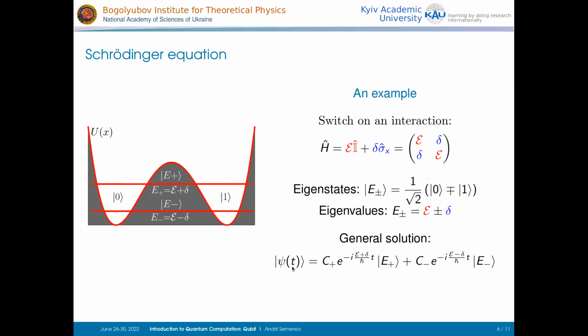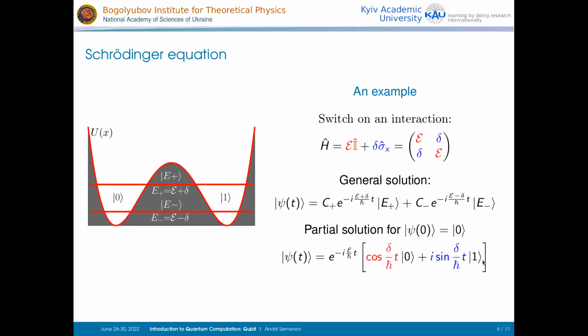And the general solution will be a superposition of all these states. So this is some constant C plus. After that, you have this exponent, the time part of the solution. In this case, E plus is epsilon plus delta, and the same story with E minus.